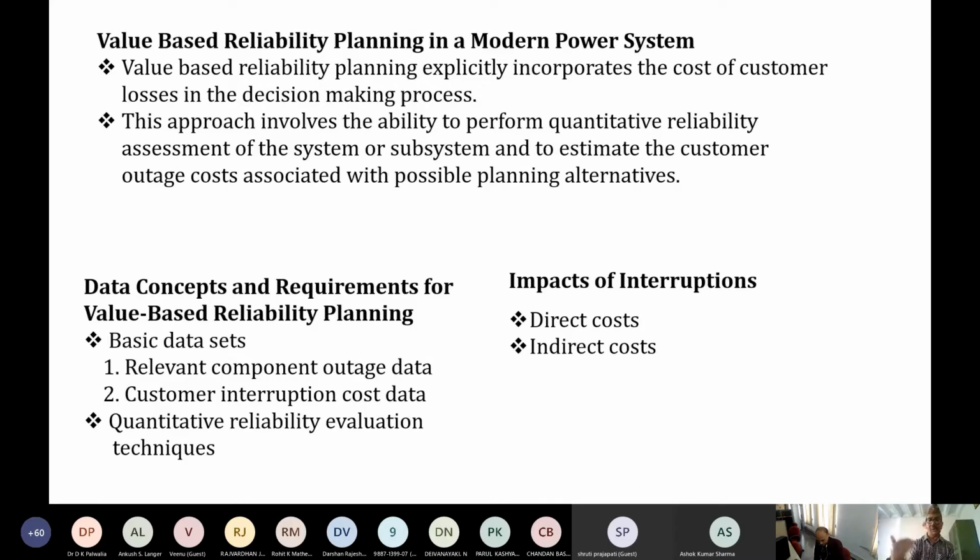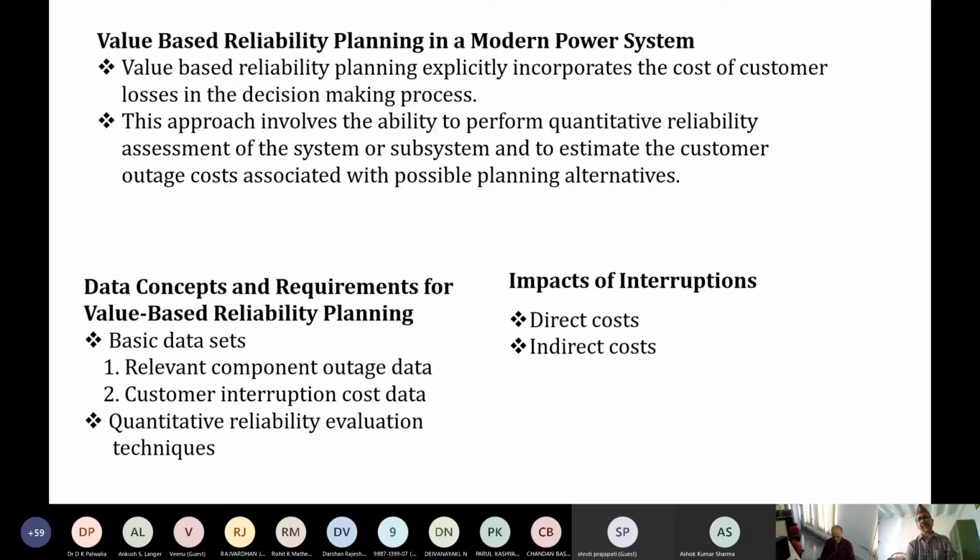So it is always in the interest of the utility that the societal cost is kept at a minimum, because if the utility tries to raise the rate of electricity sold to the customer, then there can be backlash from the customers, so they have to avoid that situation.